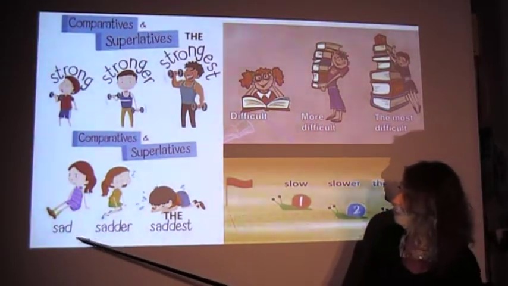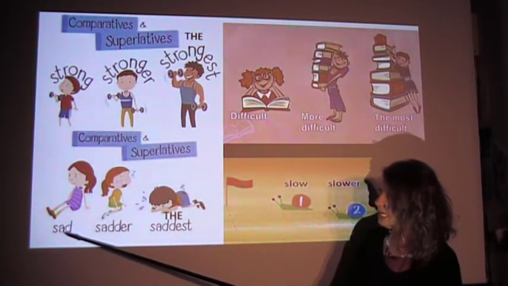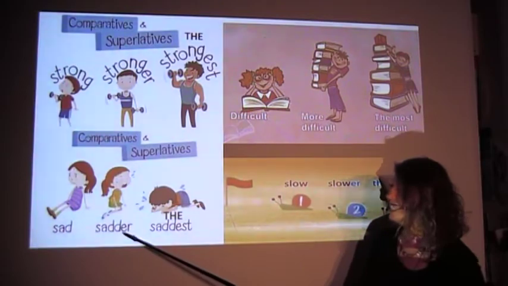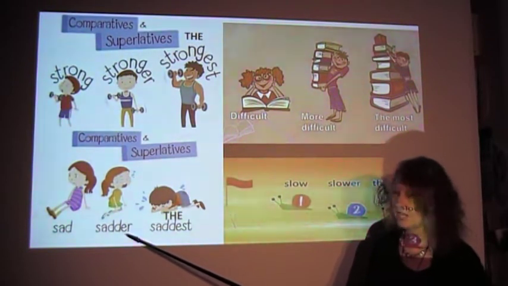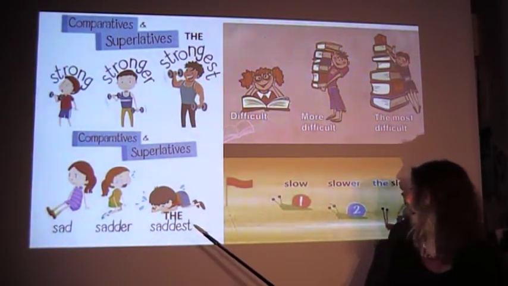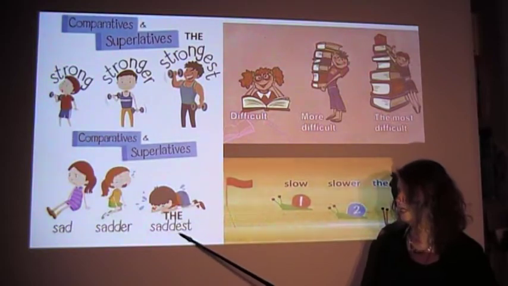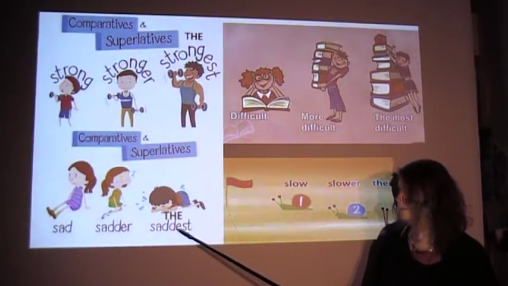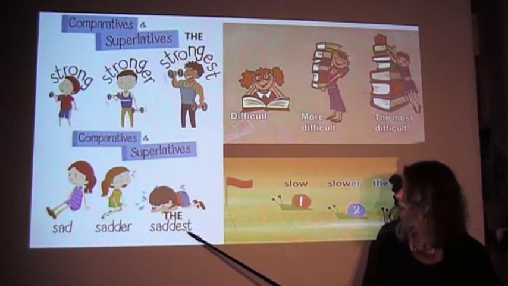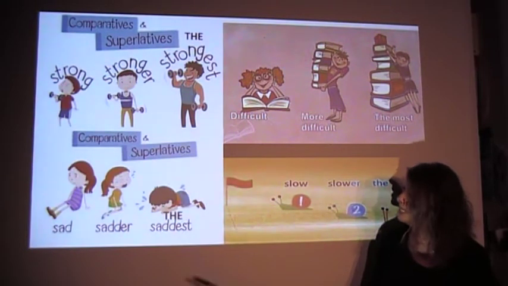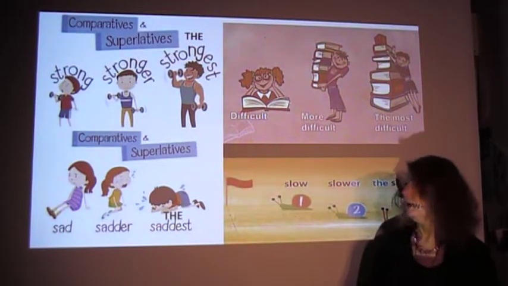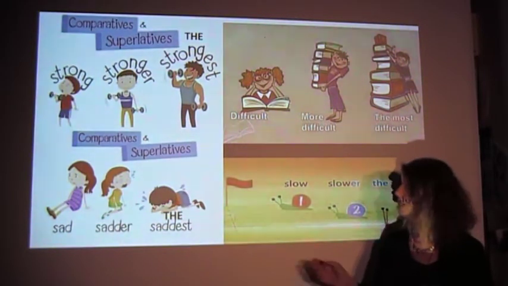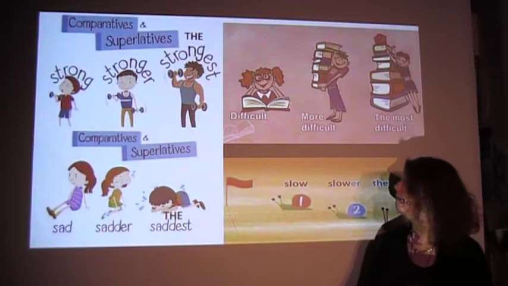And here we have sad, sadder, doubling the letter d and adding the suffix er, or the saddest. Remember, the saddest. He is the saddest person of my family. Family is not a place, so we use of my family.